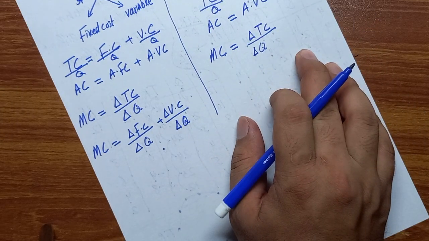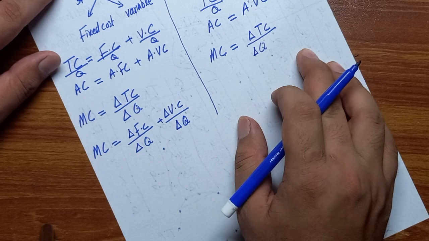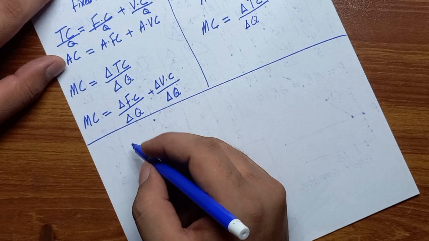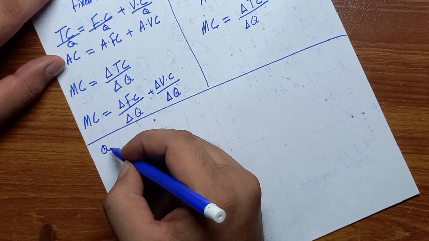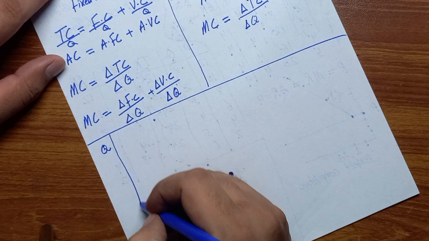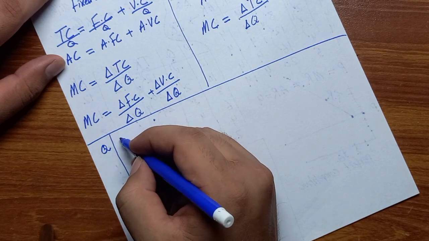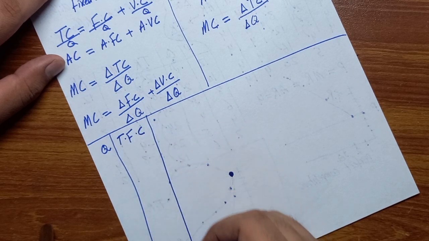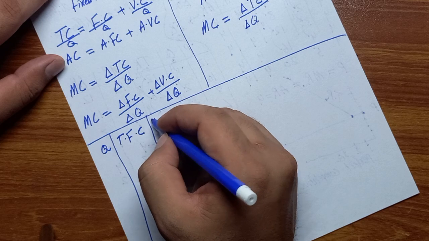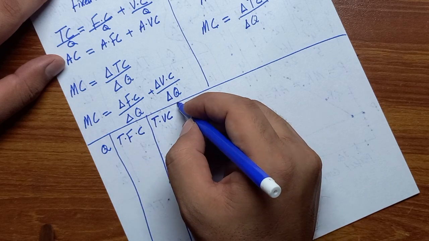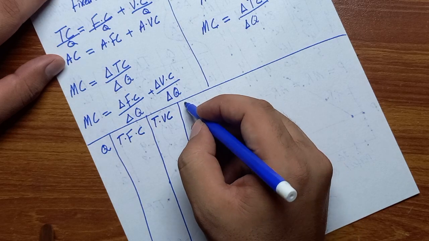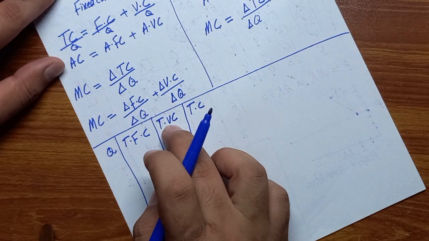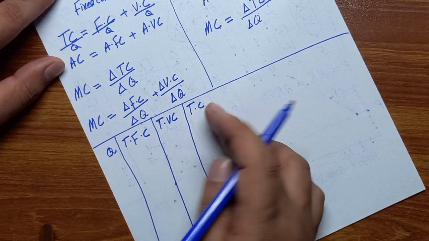So now we will solve some problem for it. Let's say we have quantity, total fixed cost, total variable cost, and total cost. By total cost we mean the total fixed cost plus total variable cost.